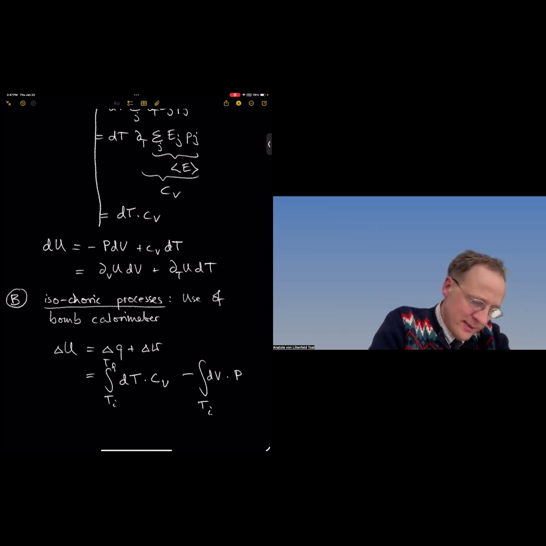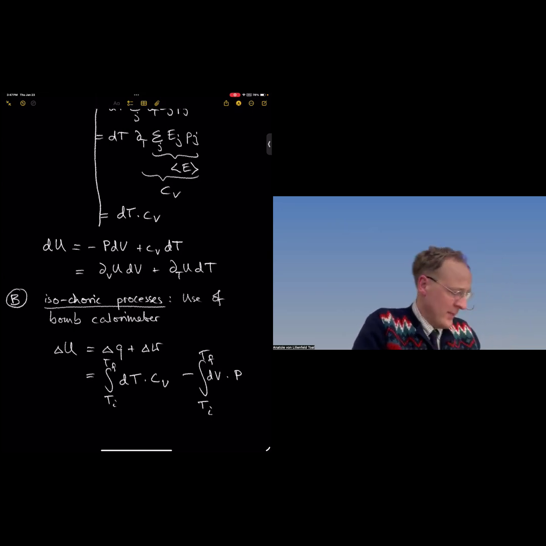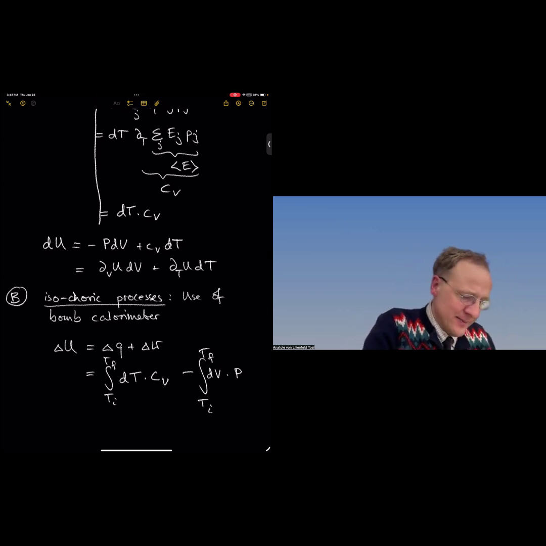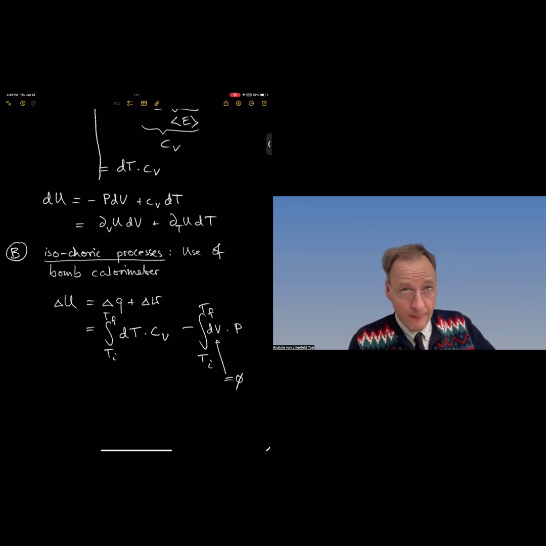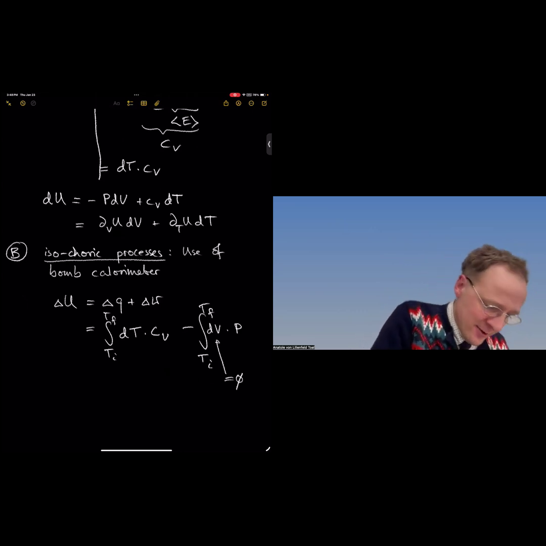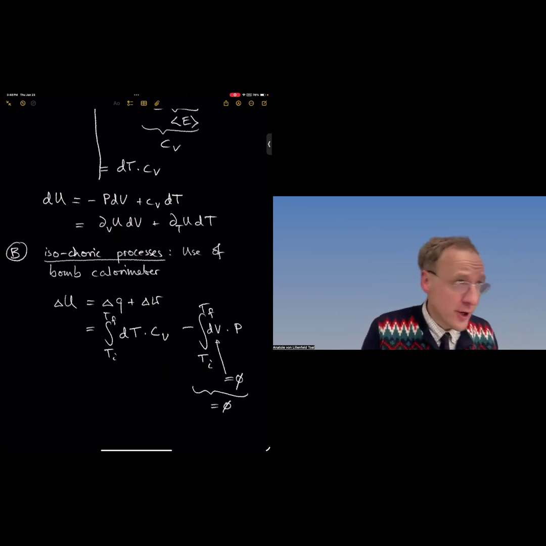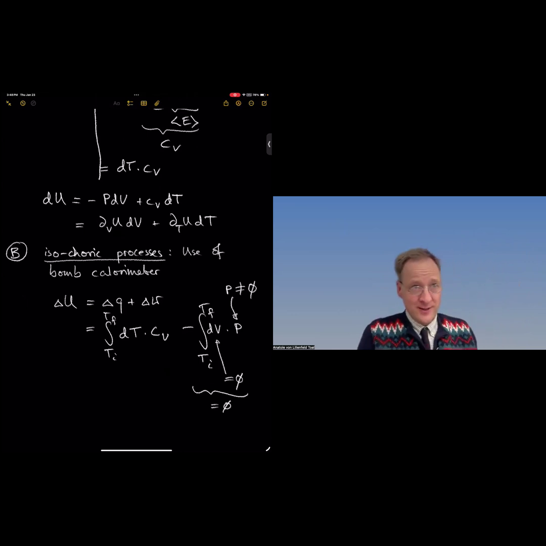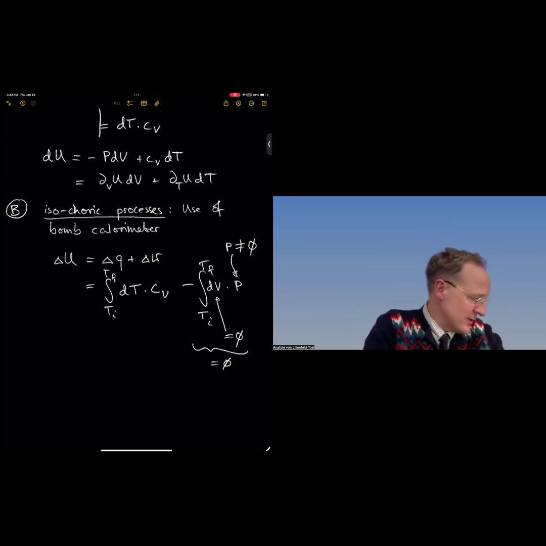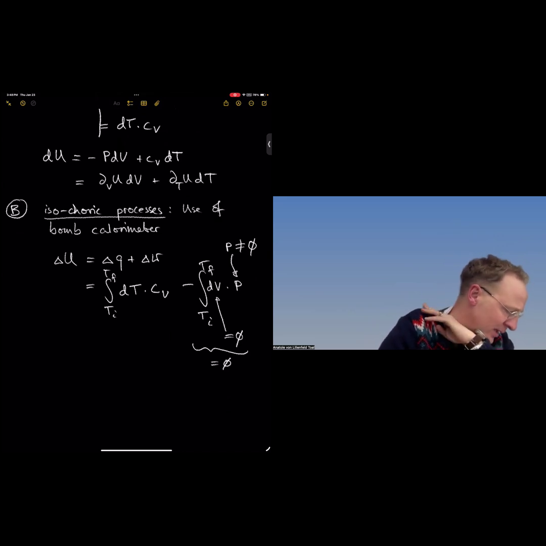Now, isochoric means that delta V is 0, and hence the entire integral is 0. There's no work that is done. But this, of course, does not imply that the pressure is 0. On the contrary, the pressure fluctuates wildly, which is why you need strong steel walls to withstand the pressure.